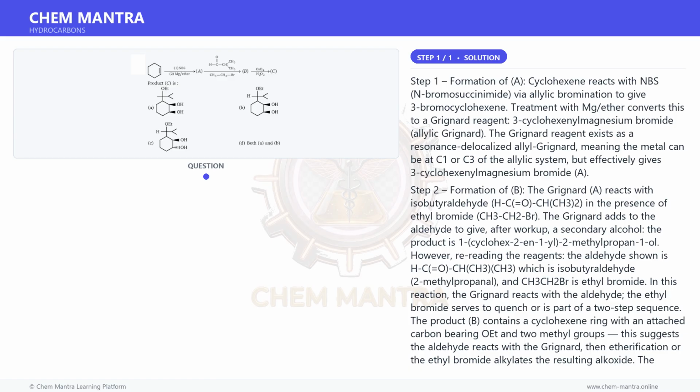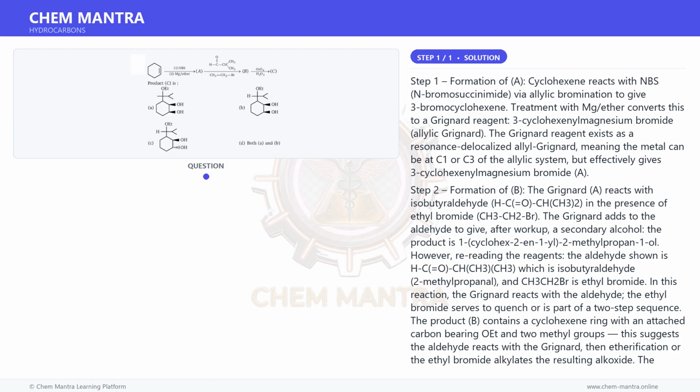The key question is whether this carbon is quaternary or tertiary, with H, the carbon bearing OEt. Since the aldehyde carbon, CHO, becomes CH-OEt after Grignard addition and etherification, it bears 1 H. Thus the carbon bearing OEt also has 1 H, matching option B, which shows H on that carbon.